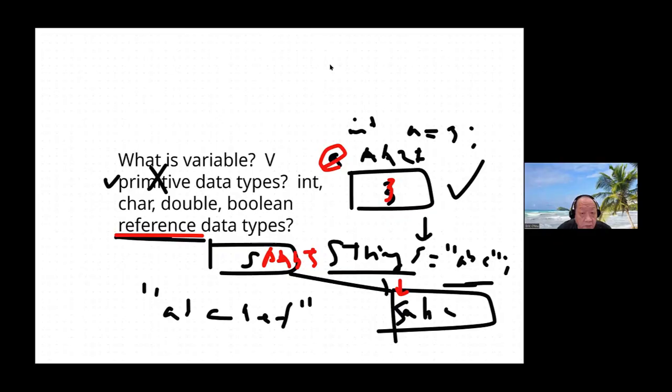Now at the AP level, you need to know a few data types. You have integer type, char type, double type, and Boolean type. These are the four data types that AP CSA would test. There are other types that AP doesn't test, but you may want to know.